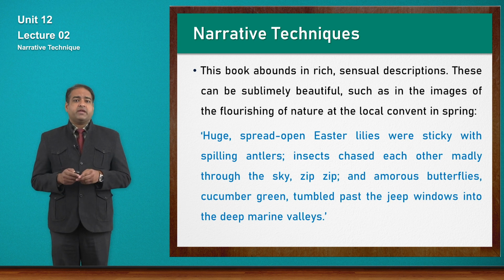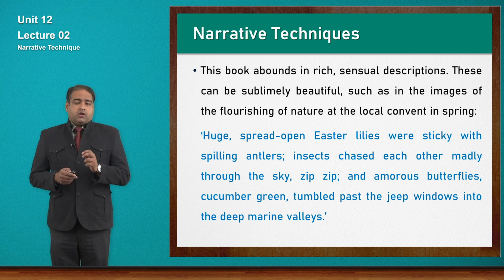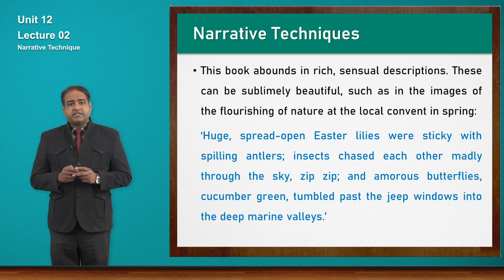Friends, I told you earlier that the setting of this text is Kalimpong, near Darjeeling. Now you know that Darjeeling is a hilly area, and Kalimpong must be not a very crowded place, not a very developed place, near to nature, near to greenery, near to peace in the surroundings.